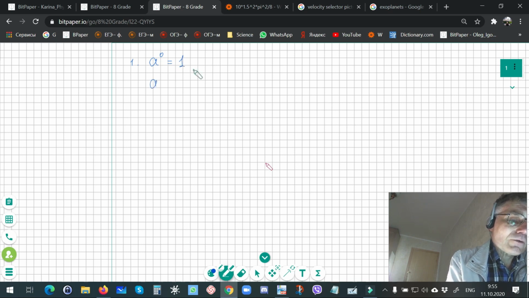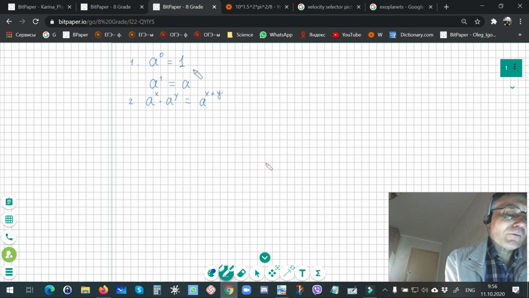A to the power of 1 is just a. And the second one, a to the power of x multiplied by a to the power of y gives us the same base, a to the power of the sum of the exponents.